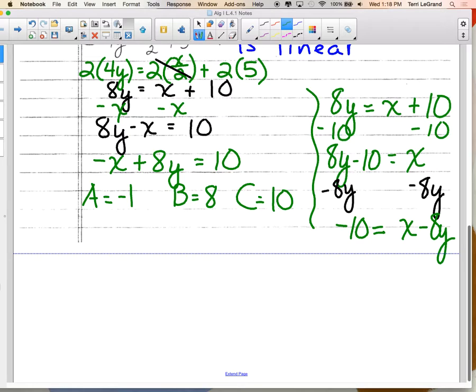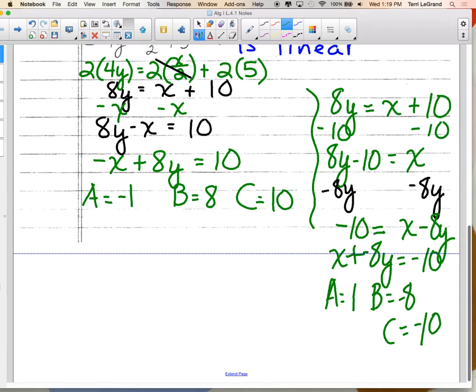So this can be rearranged like this, if you really want to see it in ax plus by form: x plus negative 8y equals negative 10. A equals 1, B equals negative 8, and C equals negative 10.